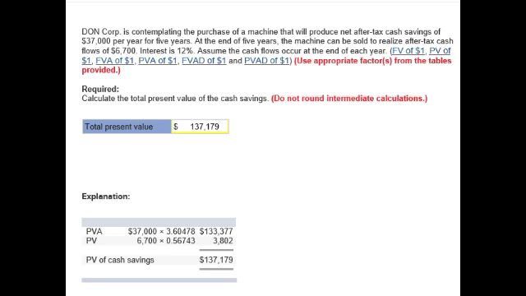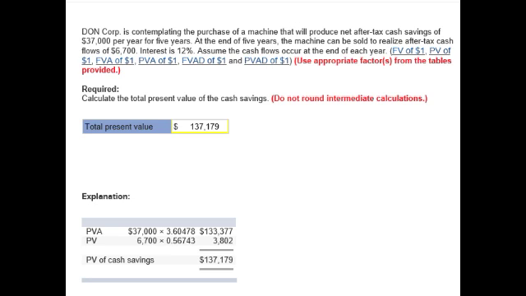Dunn Corporation is contemplating the purchase of a machine that will produce net after-tax cash savings of $37,000 per year for 5 years. So right away you see something about annuity.